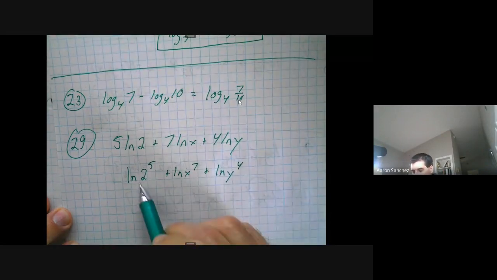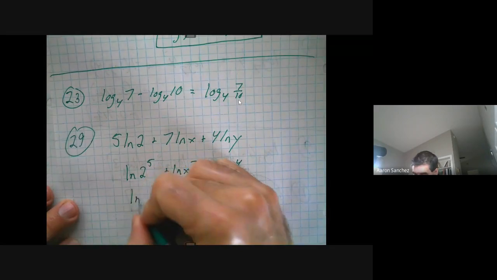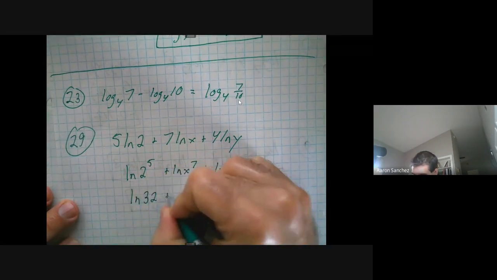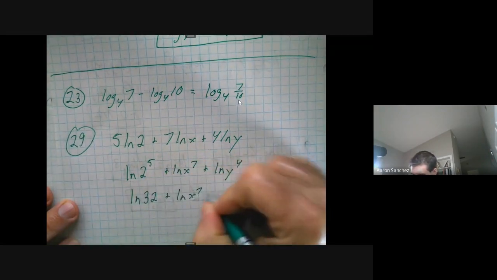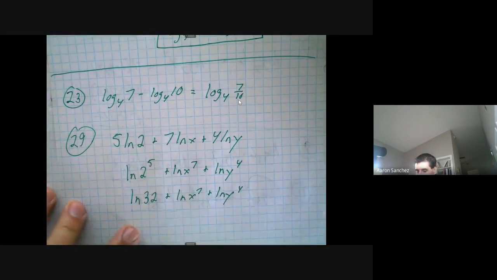Now they all have the same base of e, so I can combine them. But before I do, let's multiply out 2 times 2 is 4, times 2 is 8, times 2 is 16, times 2 is 32. Natural log of 32 plus natural log of x to the 7th plus natural log of y to the 4th. Now, because I'm adding them all, I can just multiply them and throw them together.